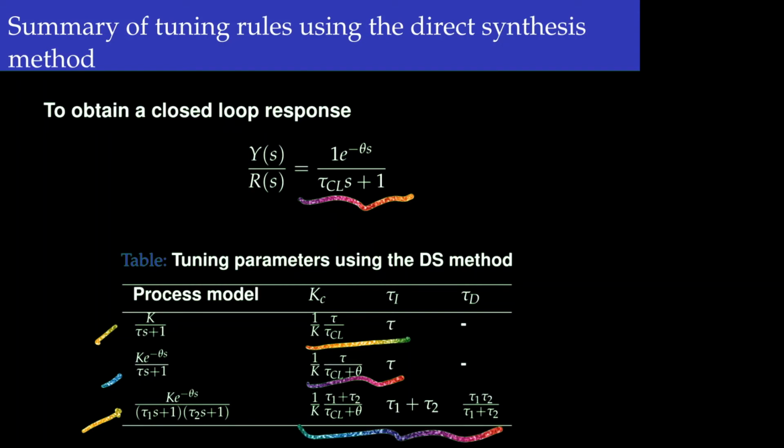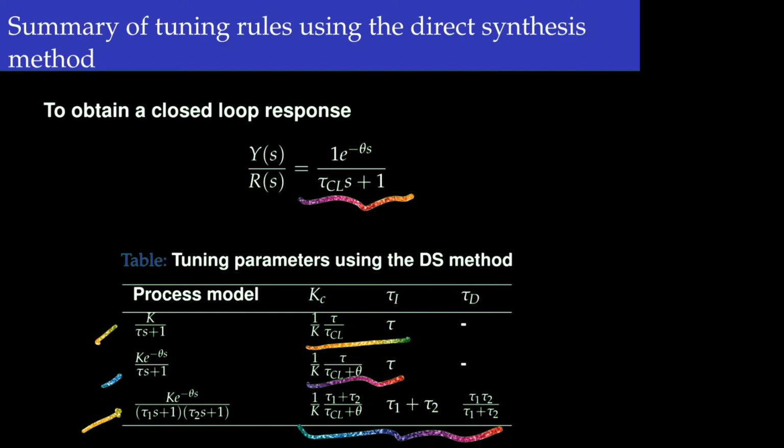Now you see that this direct synthesis method gives the structure of the controller along with the parameters of the controller. Design means first defining the structure of the controller and then getting the controller parameters, and this approach gives us both. However, the requirement is that you need an explicit process model.